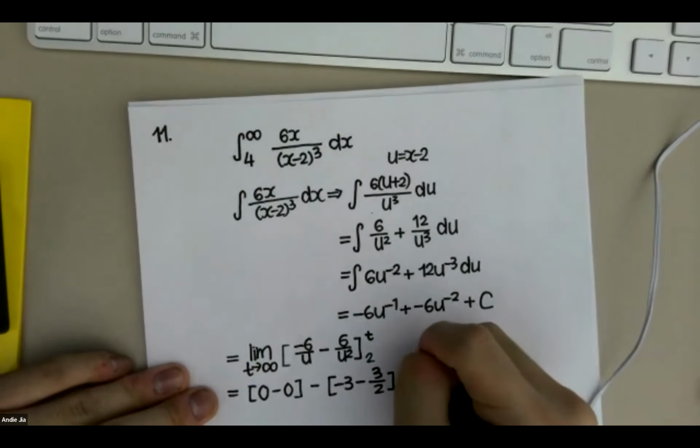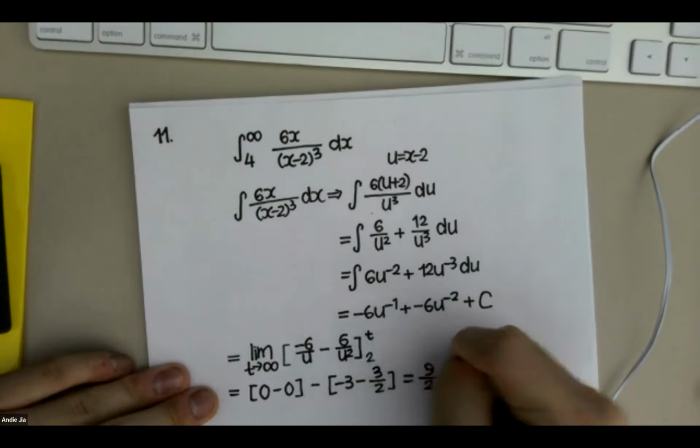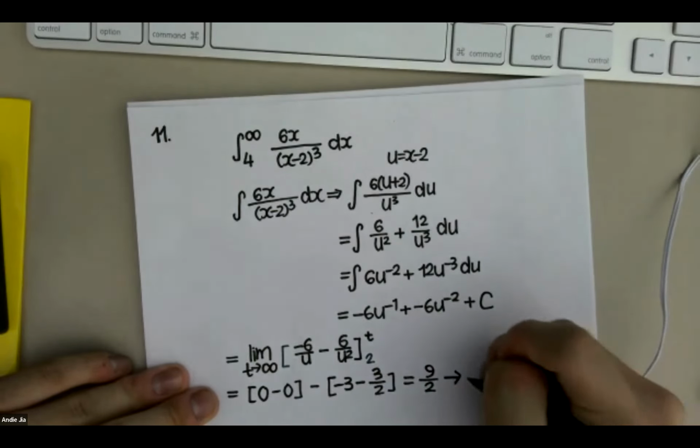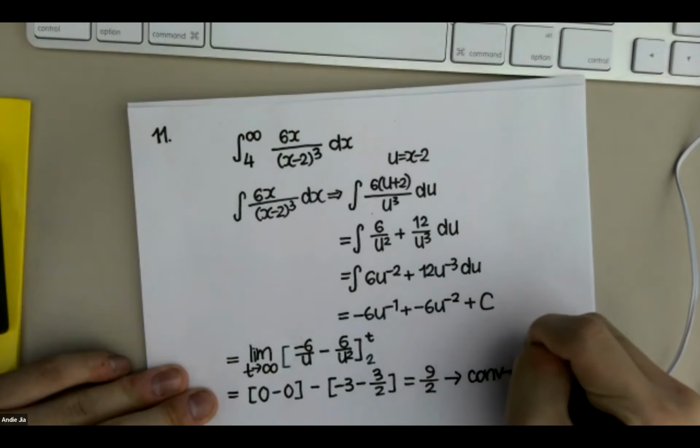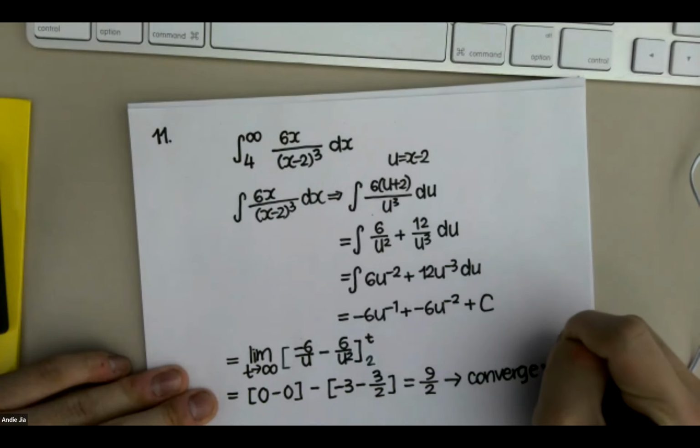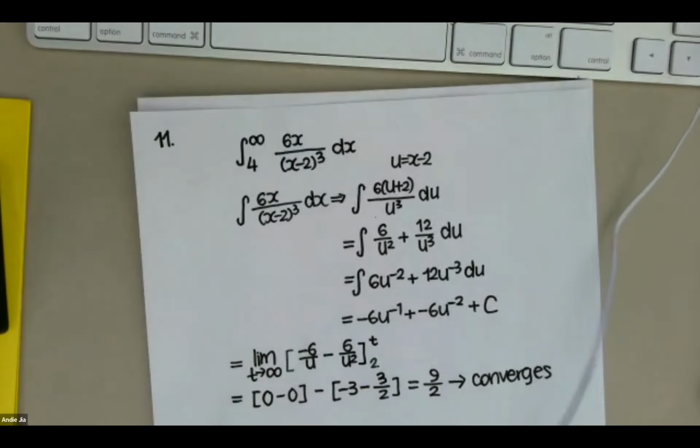So it's going to be 9 over 2. So the improper integral converges because the limit exists and is a number.